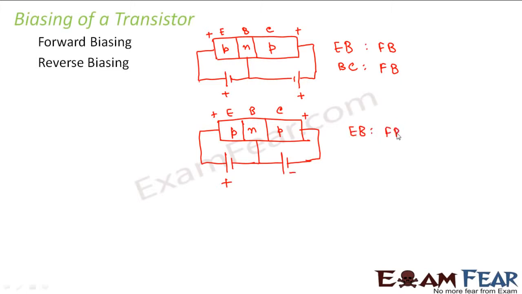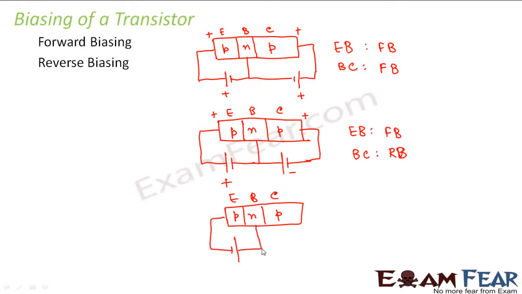Emitter base junction is forward biased, but base collector junction is reverse biased. Again there can be a possibility where both the junctions, that is the emitter base junction is also reverse biased, as well as the base collector junction is also reverse biased. So in this case both the junctions are reverse biased.